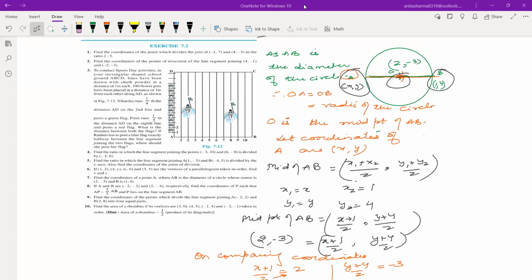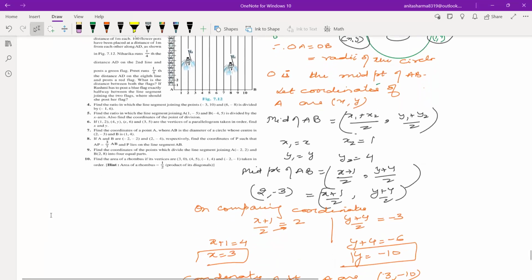Bhavna, understood, beta? Yes, ma'am. Please note this. Ma'am, can you scroll down? Down or up? Ma'am, down. Ma'am, can you scroll up, I'll just copy it down.